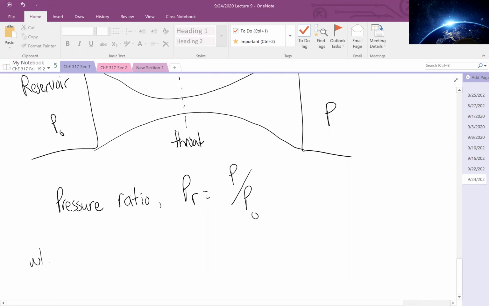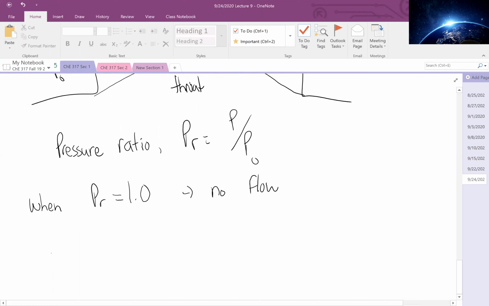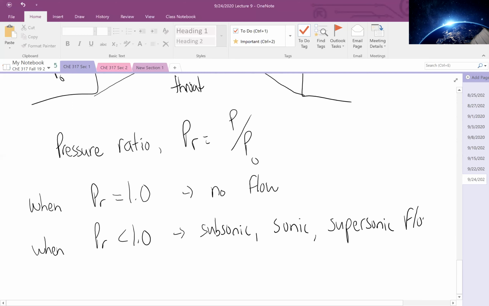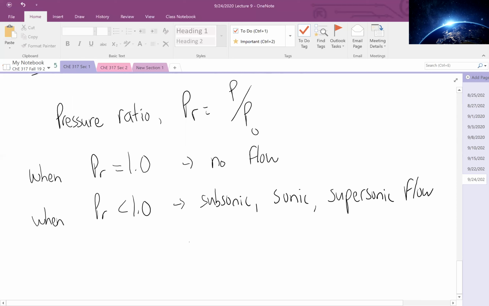And when our pressure ratio is 1, we essentially have no flow because the reservoir and the receiver are at the same pressure. And then when the ratio falls less than 1, we could have subsonic, sonic, and supersonic flow, depending on the pressure ratio.